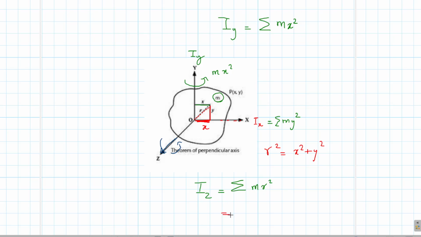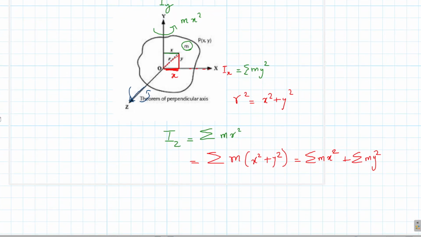So this can be expressed as Iz is equal to summation over m into x square plus y square. Opening the brackets, we get summation mx square plus summation my square, which is nothing but Ix plus Iy.